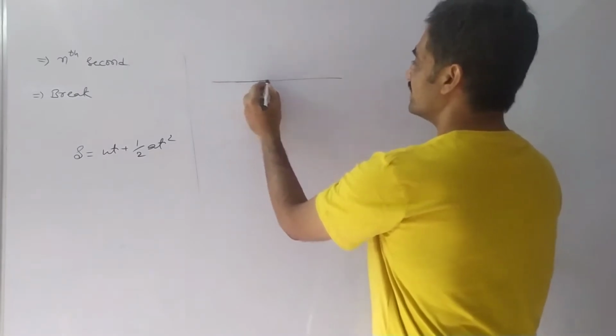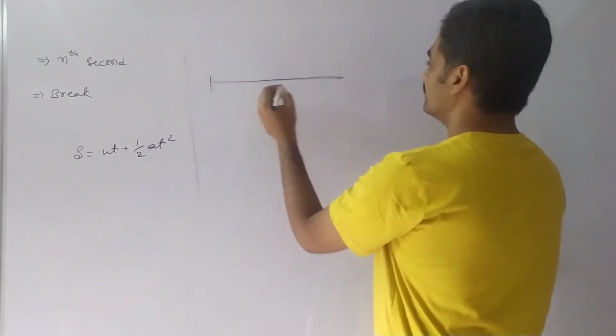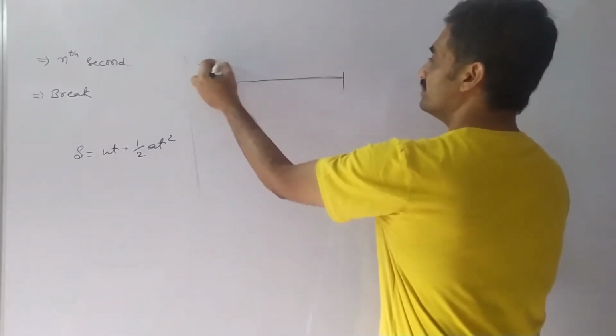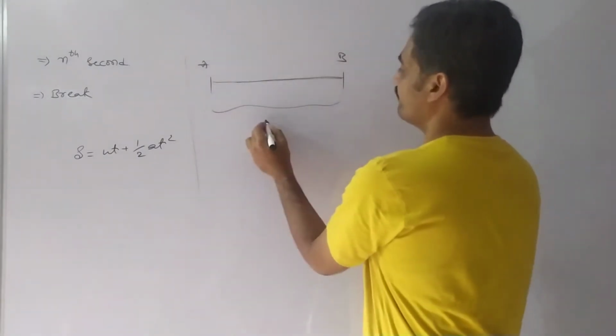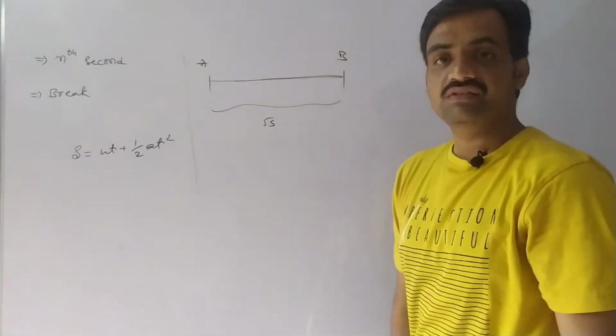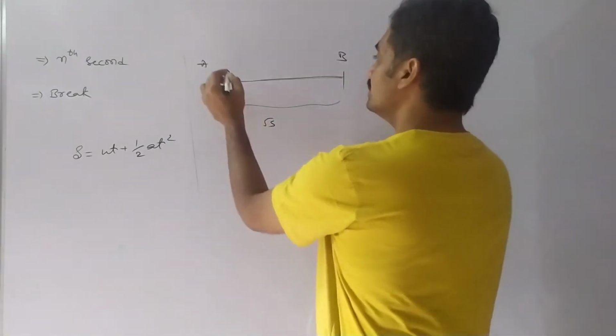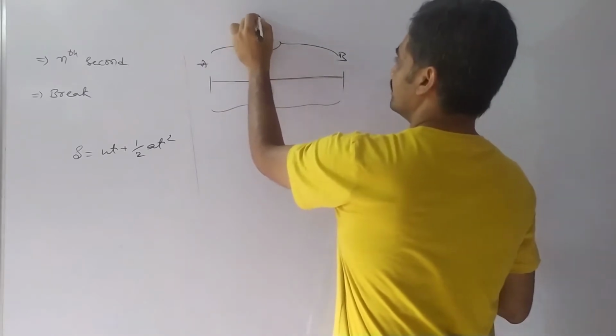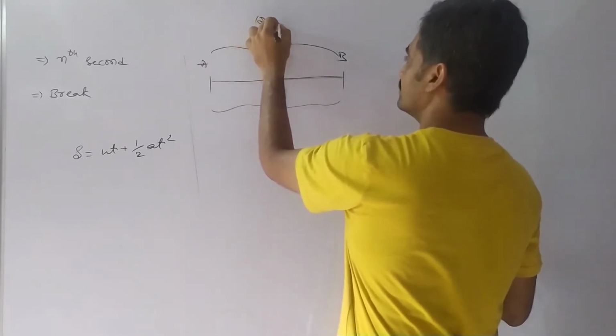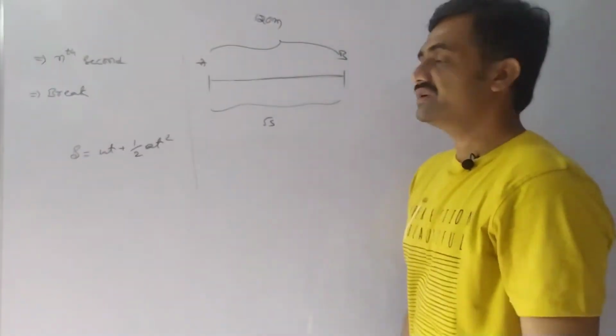Let us consider a body that has travelled from A to B within a time period of 5 seconds. The total distance is considered as 120 meters.